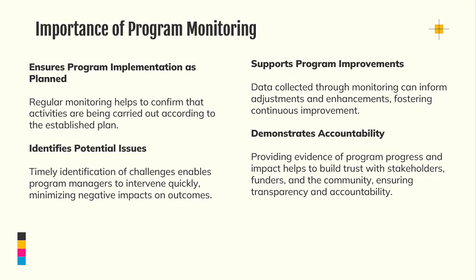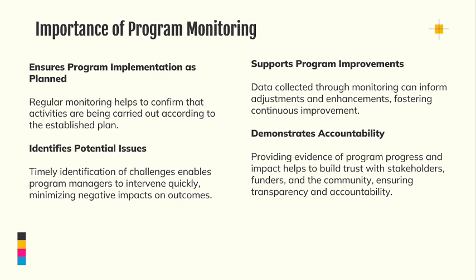So just to explain further on the same importance there. With the first one, which is ensures program implementation as planned, regular monitoring helps to confirm that activities are being carried out according to the established plan, right? Identifies potential issues. Timely identification of challenges enables program managers to intervene quickly and to minimize the negative impacts on outcomes.